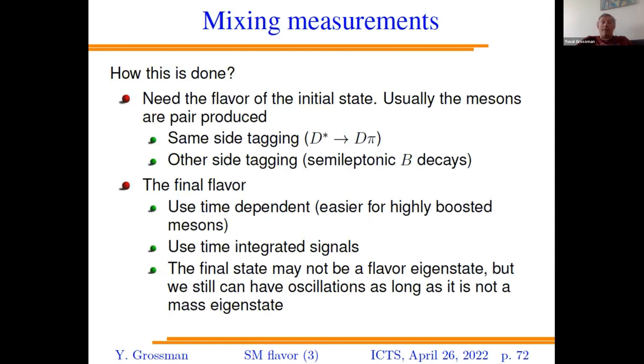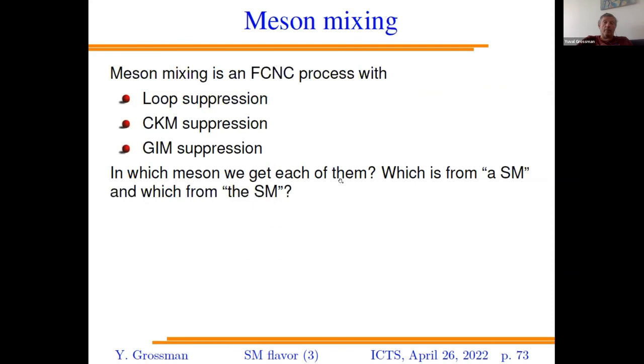How to measure mixing? I'm not going to get into the details because you just had it in the lecture before and I'm running out of time, but I just want to make the point that mixing measurements are done by oscillation. By using flavor oscillation, we extract the mixing parameter.